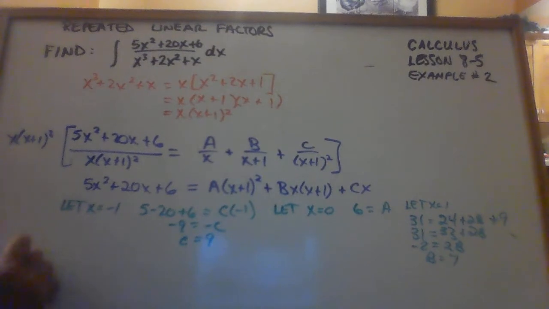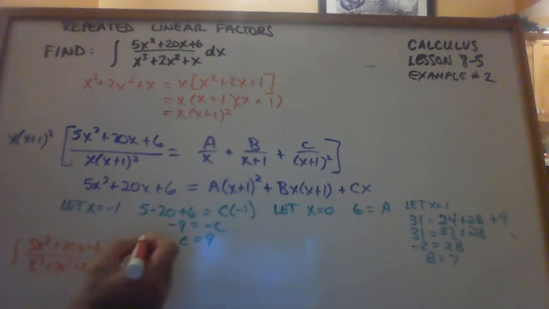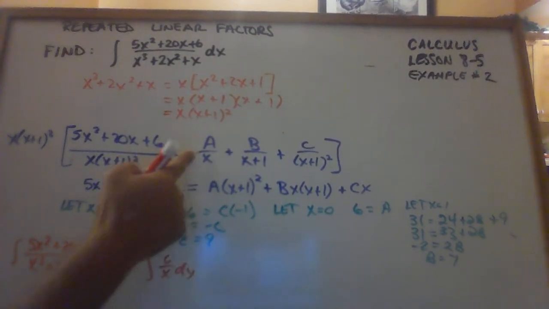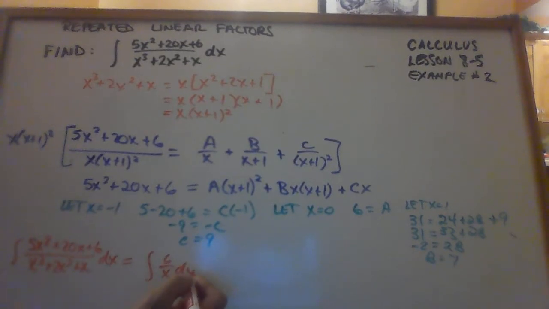Okay, so the integral of 5x squared plus 20x plus 6 over x cubed plus 2x squared plus x dx is equal to the integral of 6 over x dx, because remember a was 6. And then b is negative 1, so that's going to make this minus the integral of 1 over x plus 1 dx.